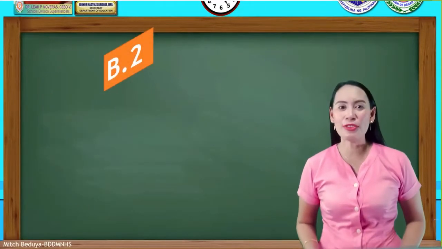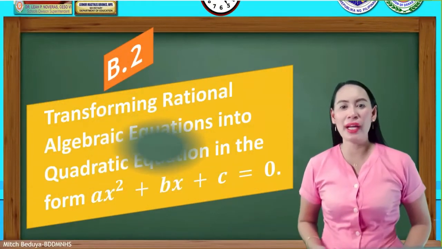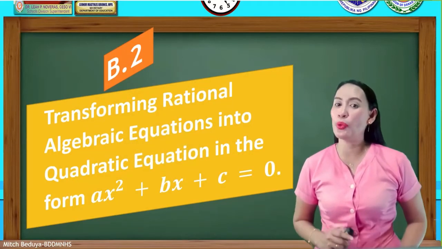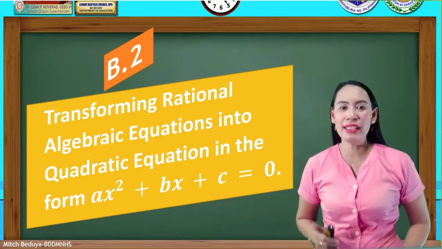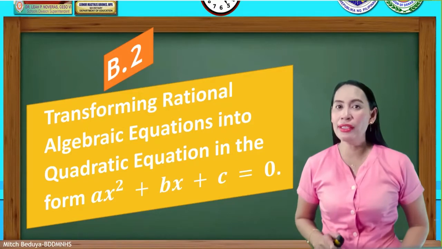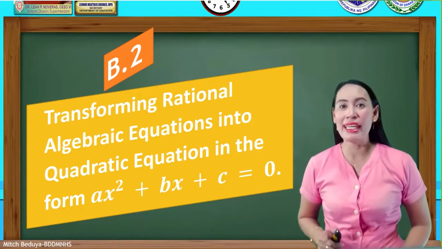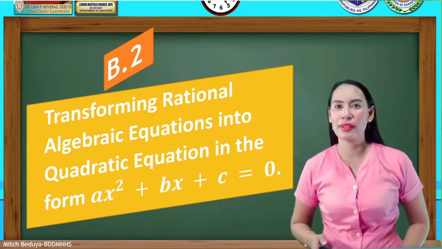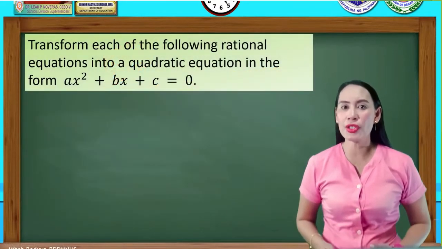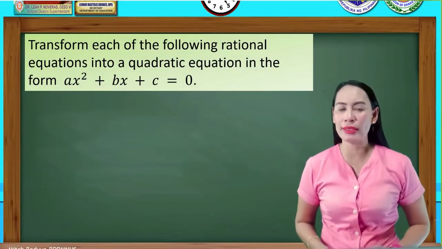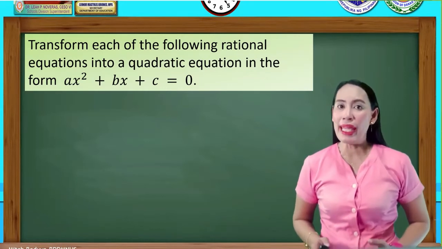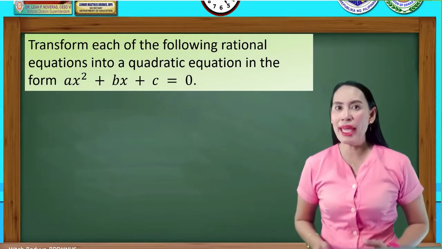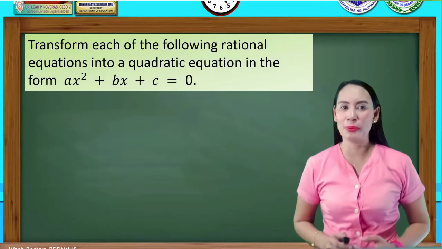Let us now transform rational algebraic equations into a quadratic equation in the form ax squared plus bx plus c equals 0. Transform each of the following rational equations into a quadratic equation in the form ax squared plus bx plus c equals 0.